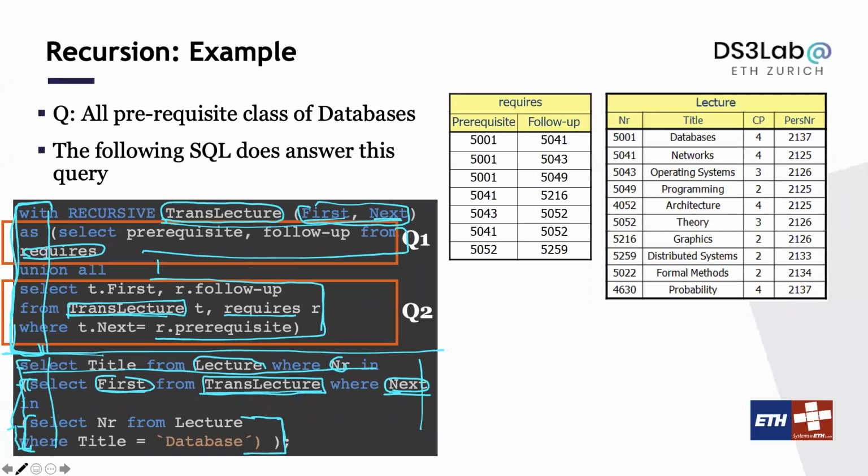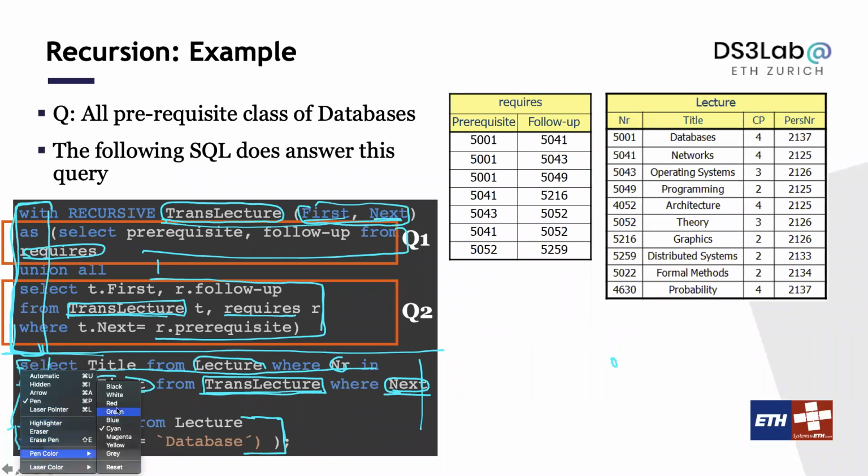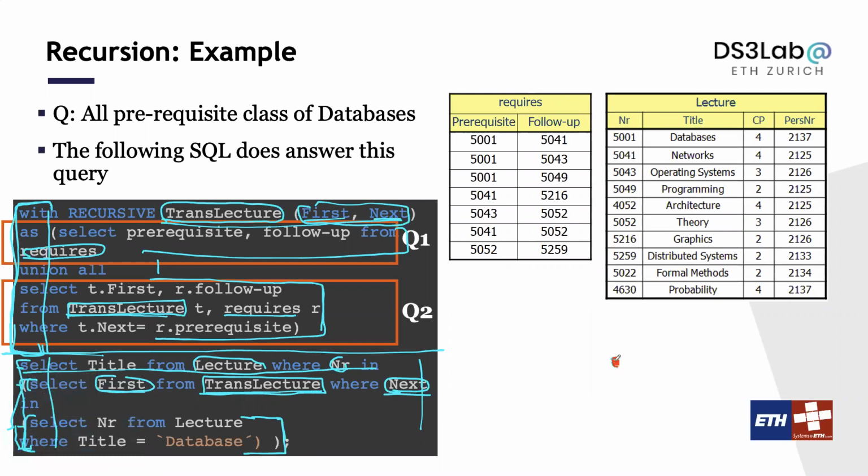Let's think about this as a graph. I think that actually makes things easier. Assuming you have a graph, yeah, this is a very ugly color, sorry. You can think about this lecture table as a graph, with all those prerequisite relations. So when will union all become a problem?